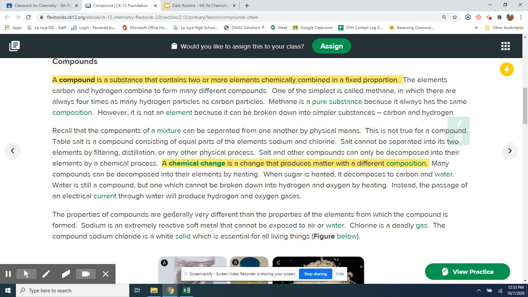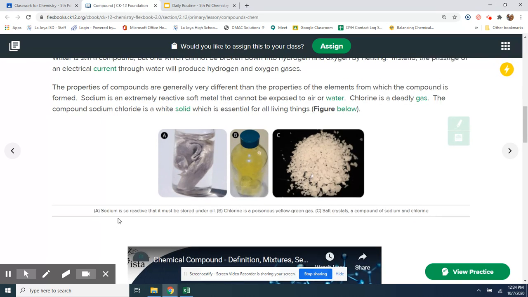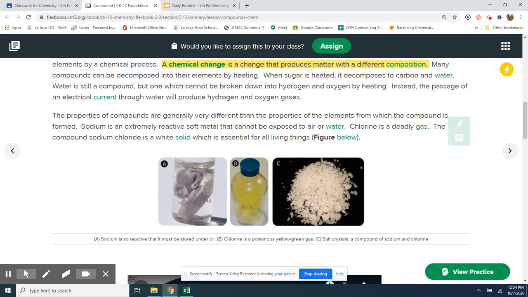The properties of compounds are generally very different than the properties of the elements from which the compound is formed. Sodium, and they give you another example. Sodium, there's a picture right here. Look at it. It's got a silver shine to it. It's a very soft metal that you can actually cut with a butter knife.